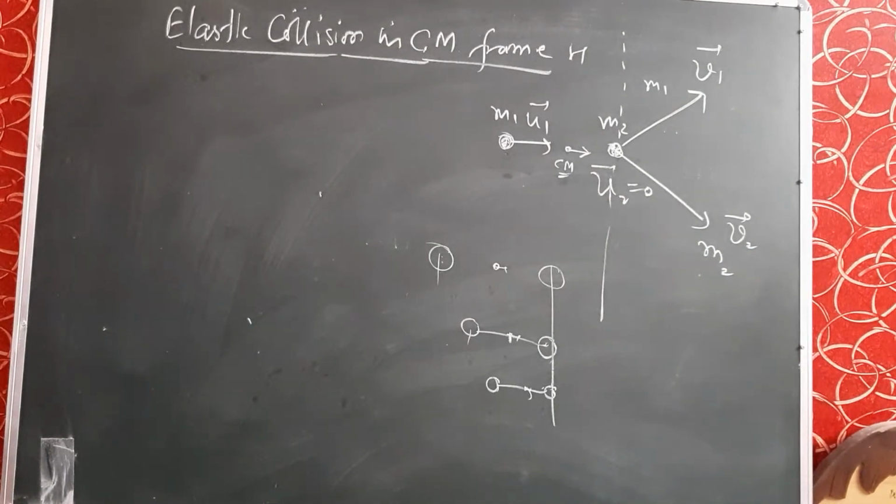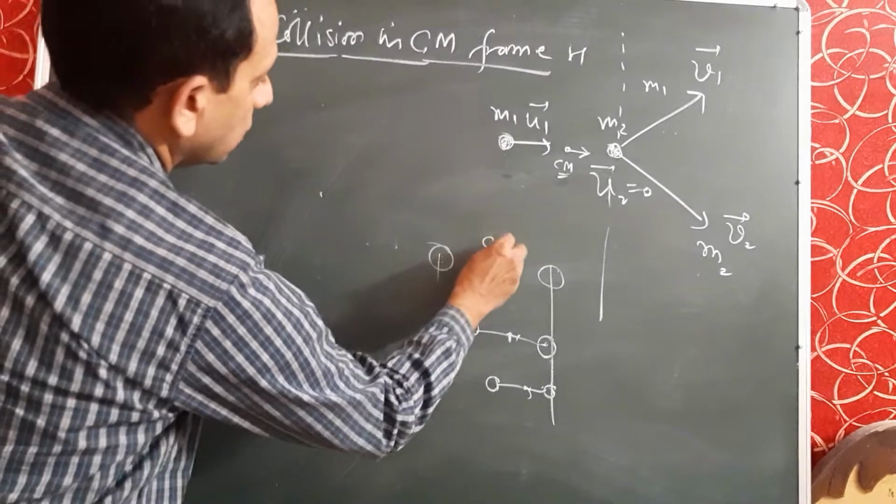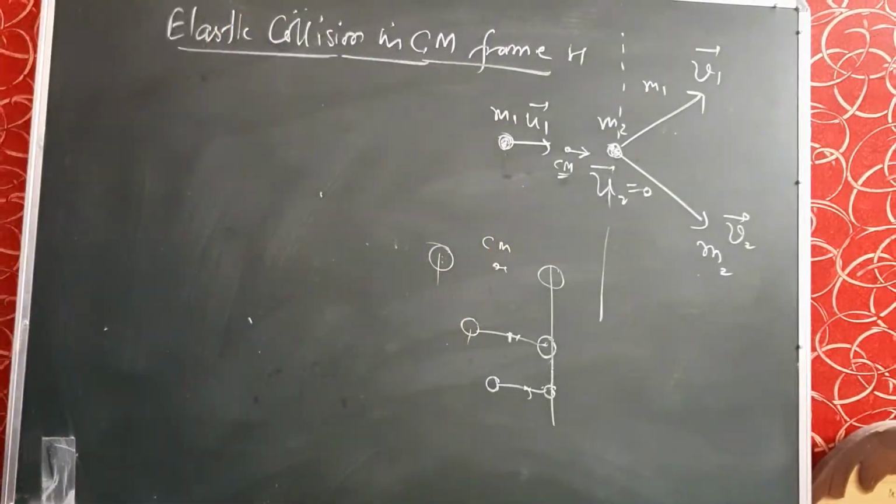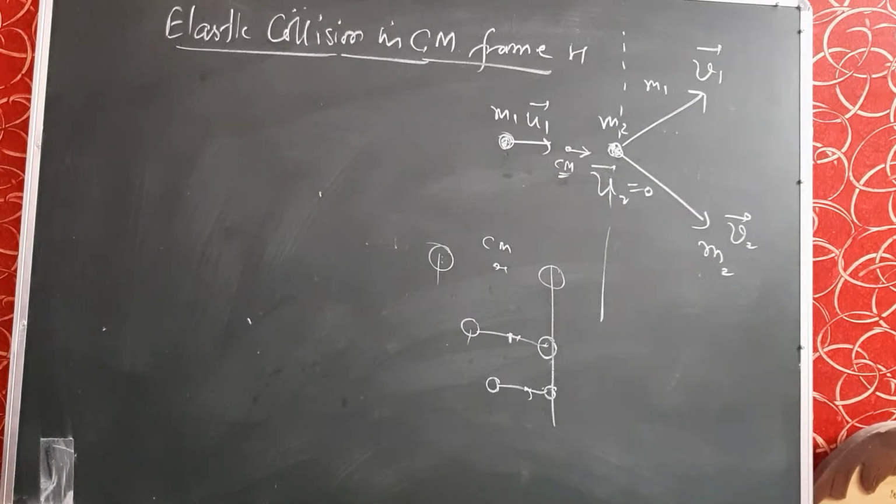So in this case, before collision, the center of mass is also moving, but its velocity is different from the velocity of the first particle. So what is the velocity of this center of mass? First of all, we will study the velocity of the center of mass.